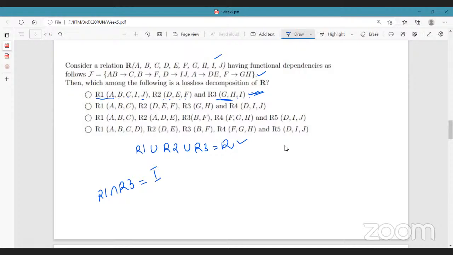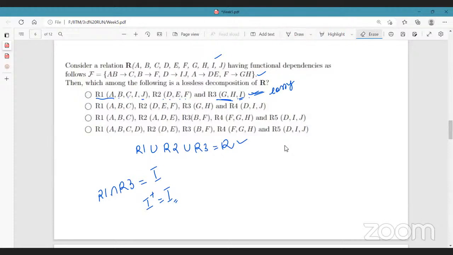So what we have to check next is whether I is a super key in any of the decomposed relations, that is, in R1 or R3. If we find the closure set of I, we get only I. So we can say that the third rule is not being satisfied right here. So this is a lossy decomposition.